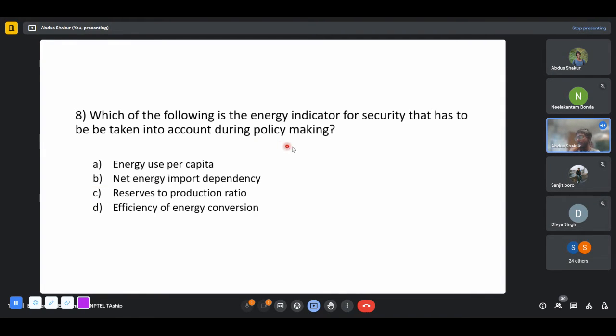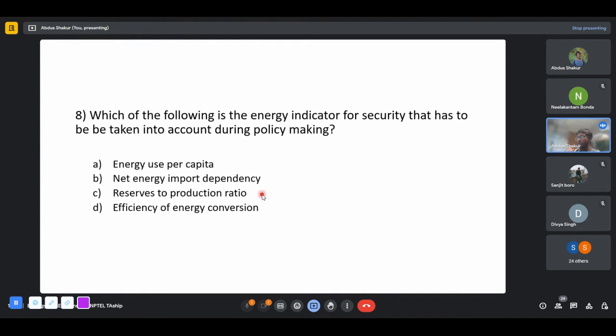Which of the following is the energy indicator for security that has to be taken into account during policy making? When policies are being made by government bodies, which of these has to be taken as an indicator for security? Energy use per capita, the amount of energy used per individual or other entity. Net energy import dependency, the energy that is being imported and the dependency on it.